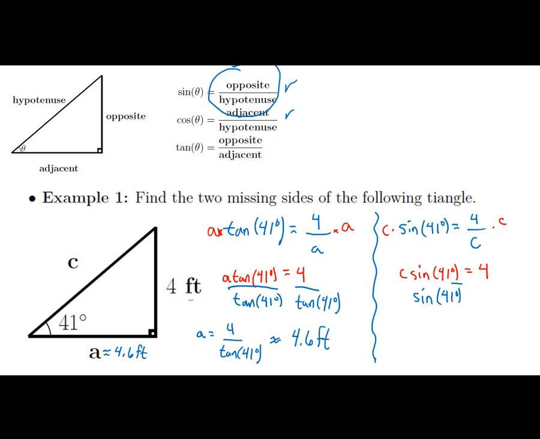Looks like my fraction bar didn't get created. Sine of 41 degrees. So c is exactly equal to 4 over the sine of 41 degrees. But again, I'm going to get an approximation, and that gives me about 6.1 feet. That seems fairly reasonable, and I know that the hypotenuse is always the longest side, and so that certainly is true here.